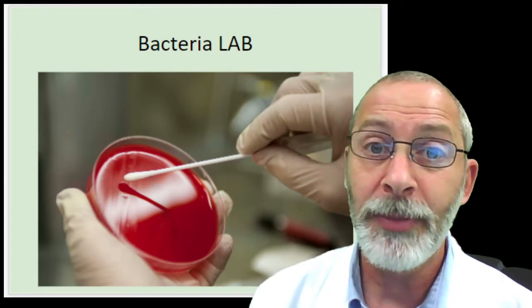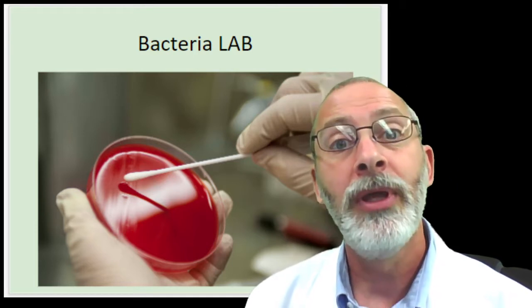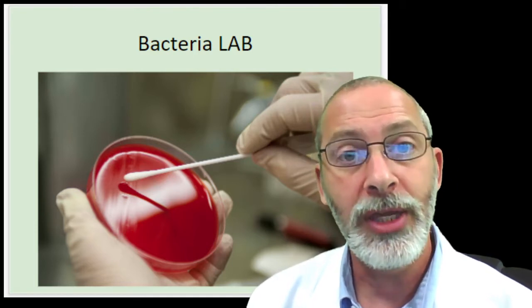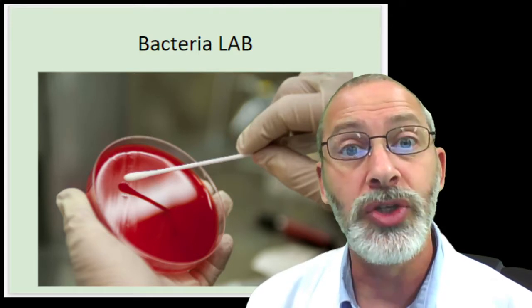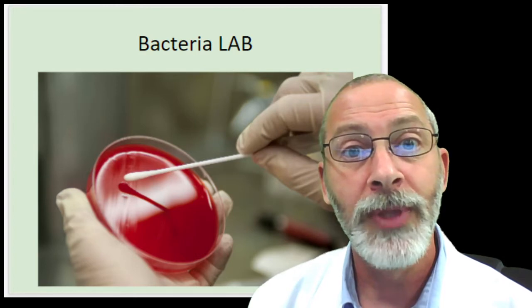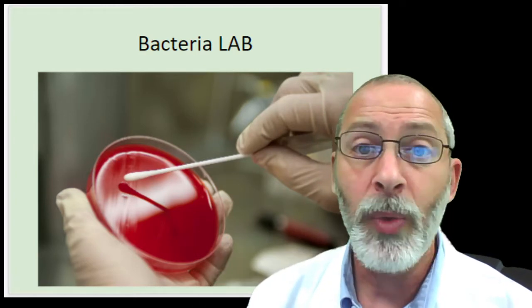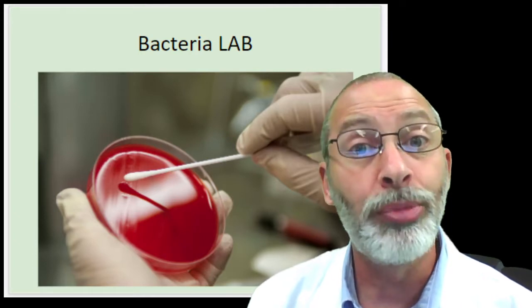We seal up the petri dishes. We put them in a nice, warm, dark location in the incubator. It's dark, warm, and moist. They're upside down so they don't drown in their own waste. And we wait a few days for them to reproduce.